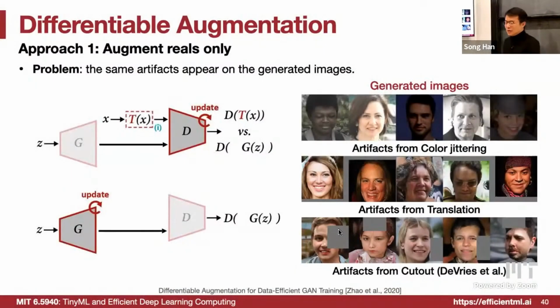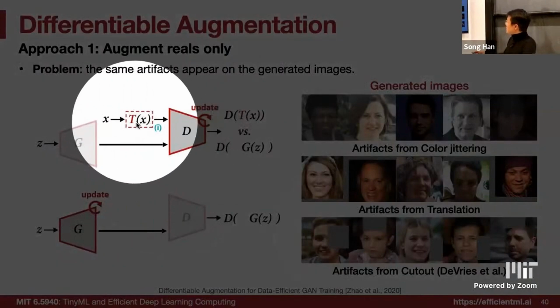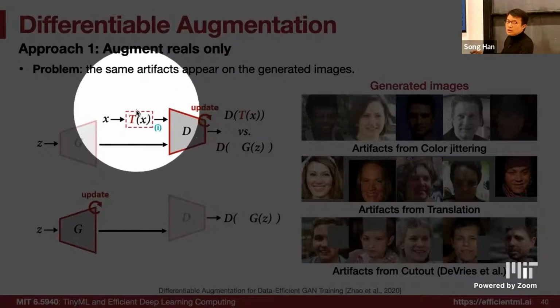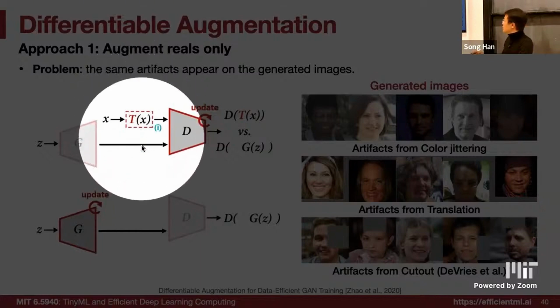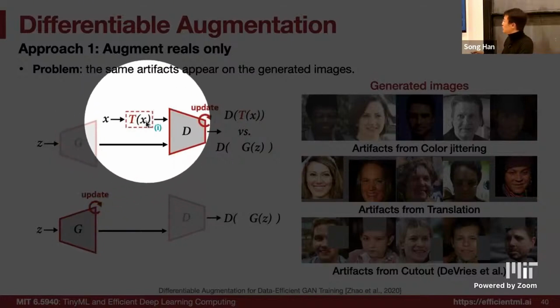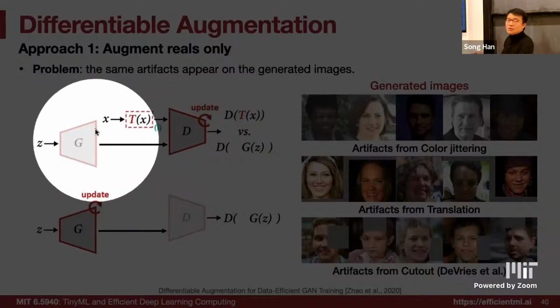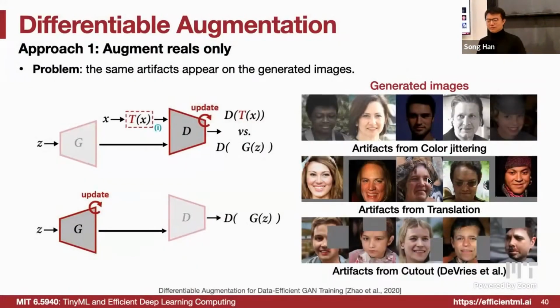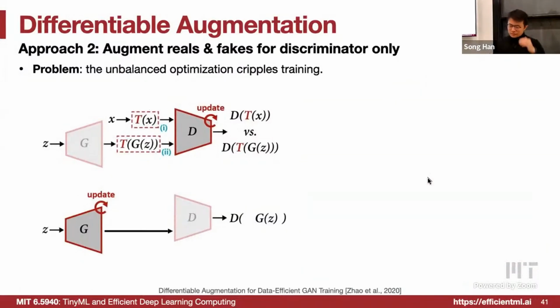That is because the discriminator sees the real image has already gone through this translation or color jittering, etc. So it believes the real image should also suffer from such transformation. Therefore, it encourages the generator to generate images like that. So this is not effective. The same artifact appears on the generated image.